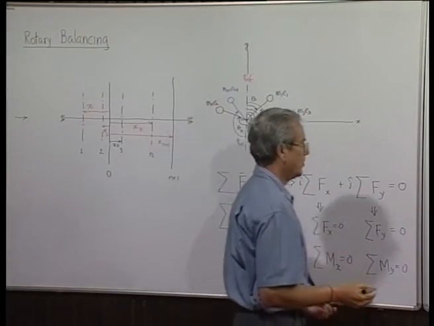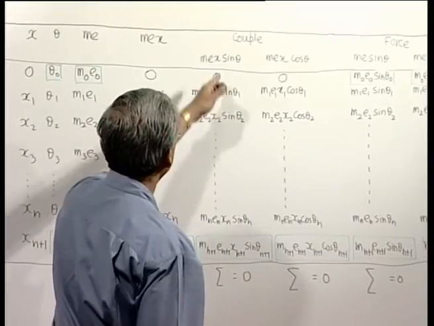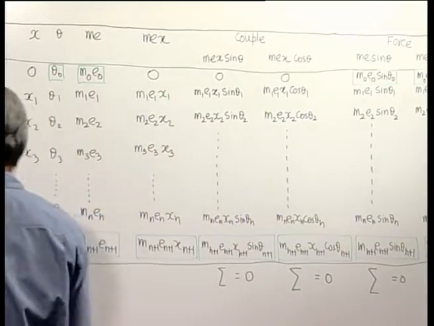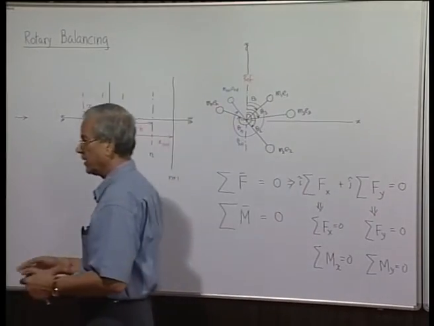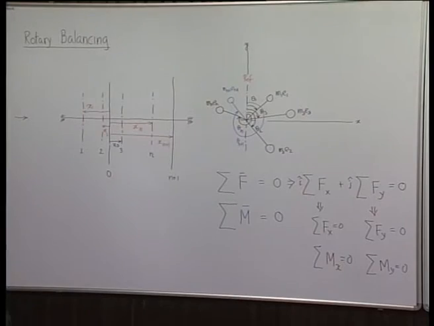Now, if we sum up this and make it 0, you can find that we get an equation with only one unknown term.